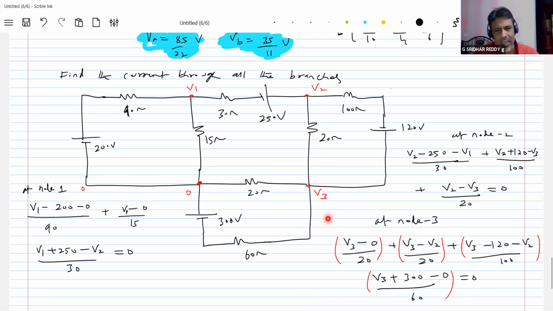Within that time you can solve and get the answer. But here also there's no way. 3 nodes are there, 3 equations we have to write. You can't say I don't write V2, V3, I'll assume only V1 and then write the equation. Current in this branch will be different, no? So we can't write.